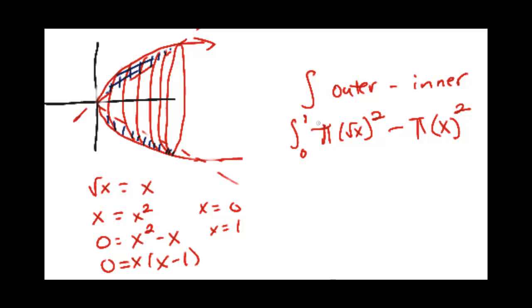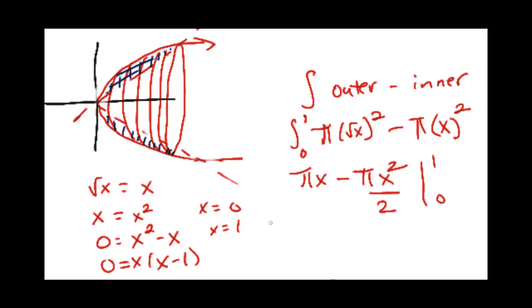So now it's just a matter of simplifying and integrating. We got pi x minus pi x squared over 2, evaluated between 0 and 1.